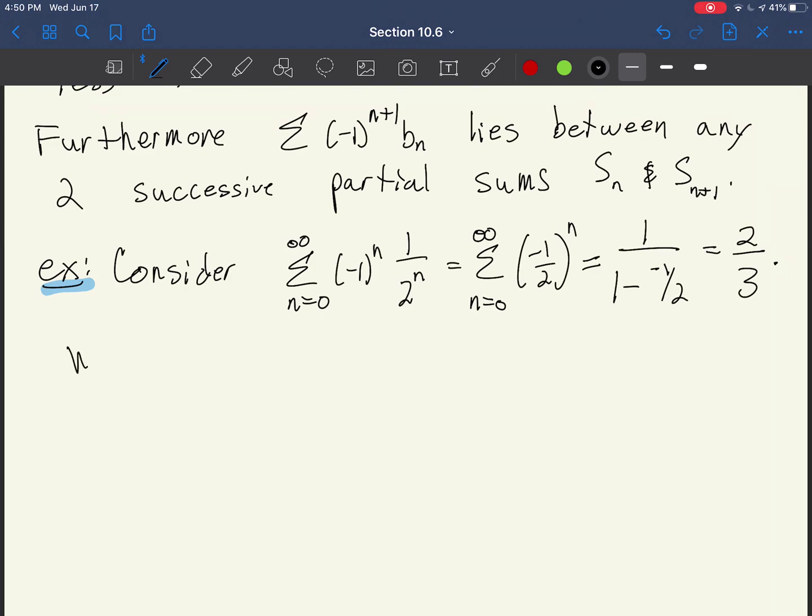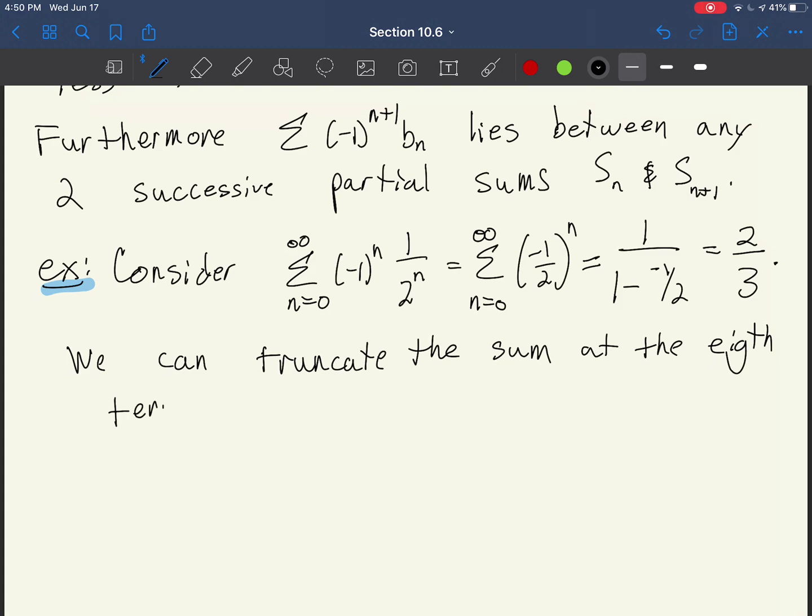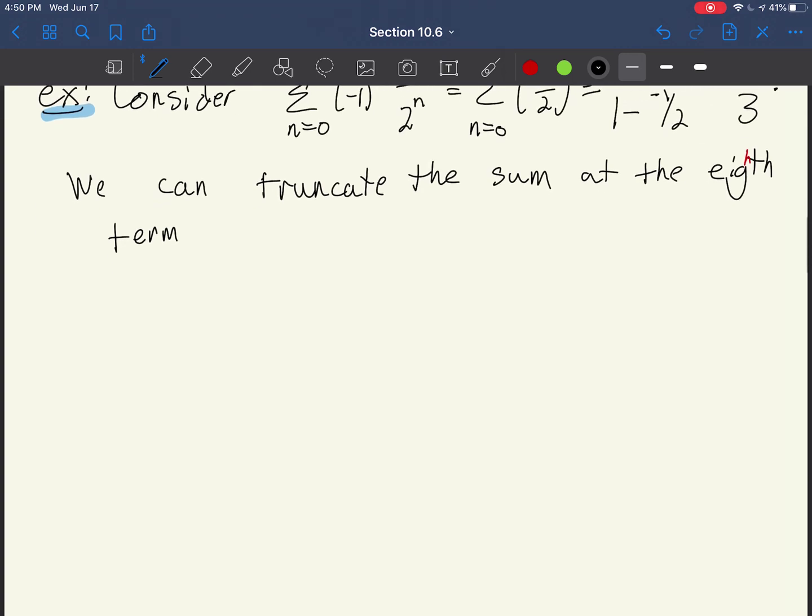We know what the series is, but now let's talk about this error term. We can truncate this sum at the 8th term. So what would that look like?